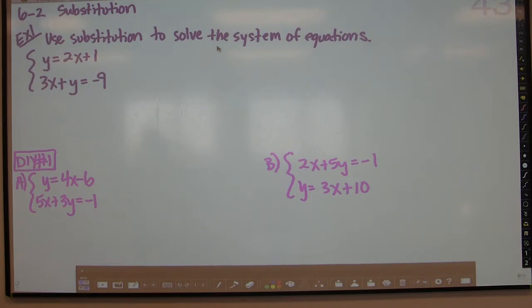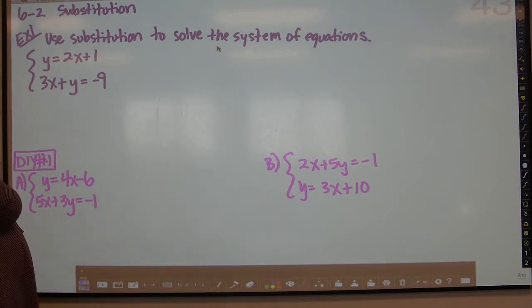The first of those algebraic methods is substitution. So we're going to get started right away, and then hopefully it'll make all kinds of sense.